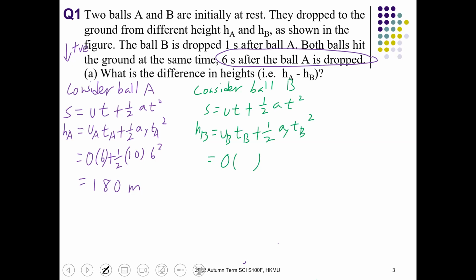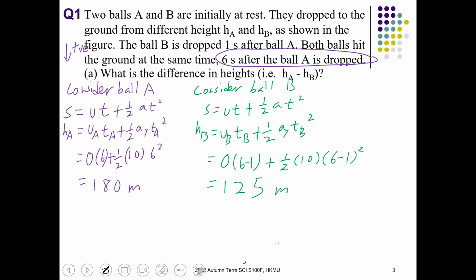How about the time for ball B? Given that we drop ball A first and we drop ball B 1 second after, the time taken for ball B to reach the ground is 6 minus 1, which is 5 seconds. The height is just 125 meters.